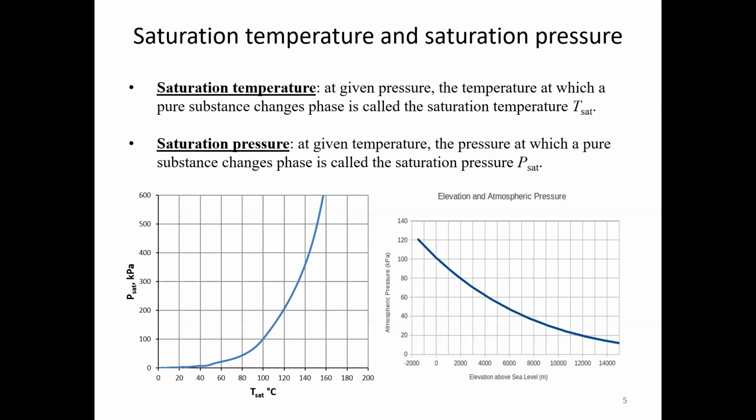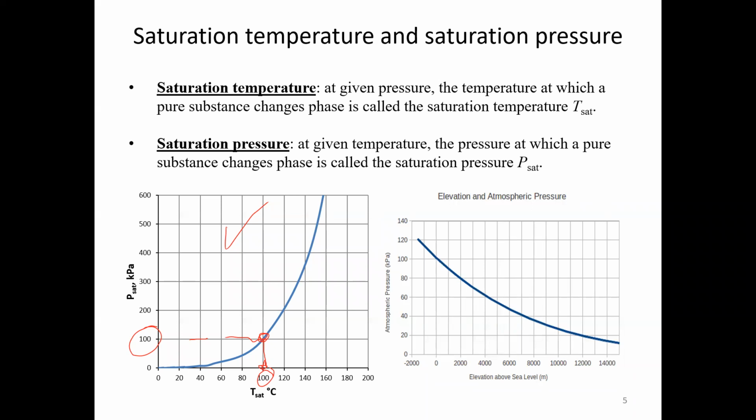If you look at this graph, the first one, you can see that at, for example, P atmosphere 100, which is the sea level P atmosphere, the saturation temperature is 100, which is the one that we know. The boiling temperature of water is 100 at sea level atmospheric pressure.